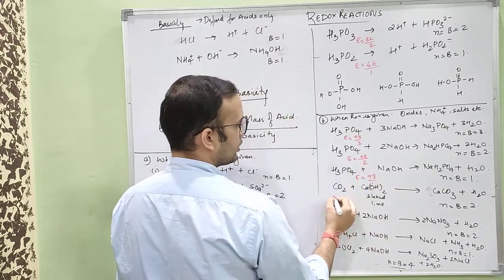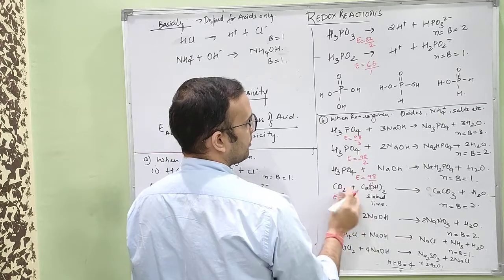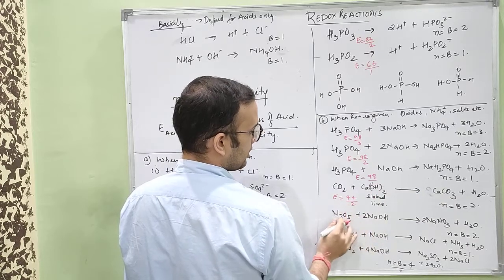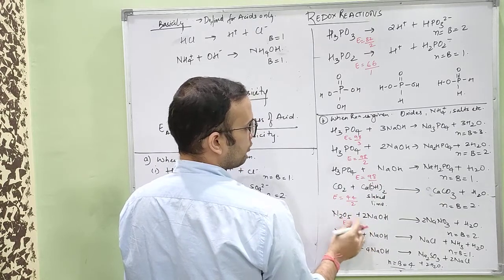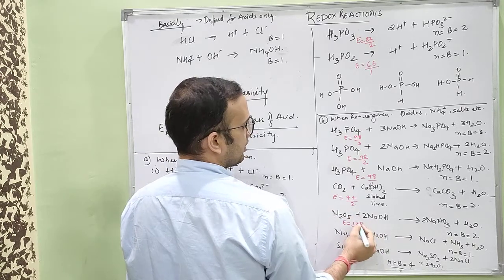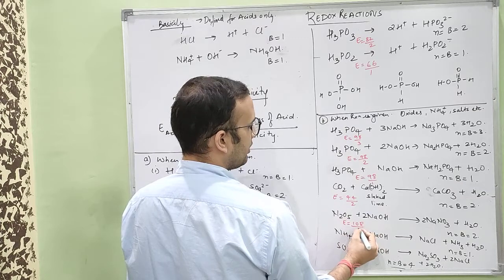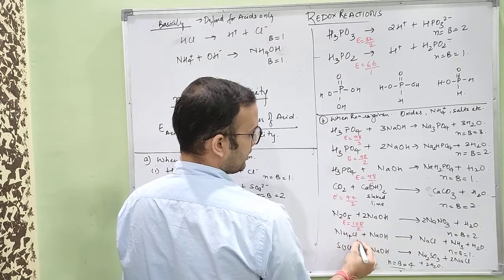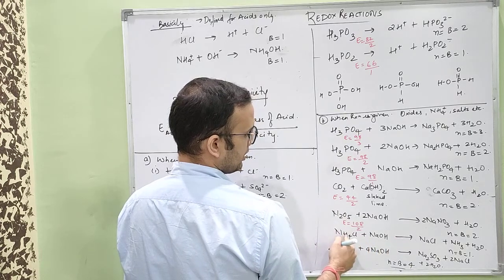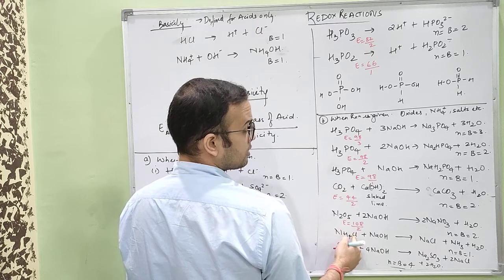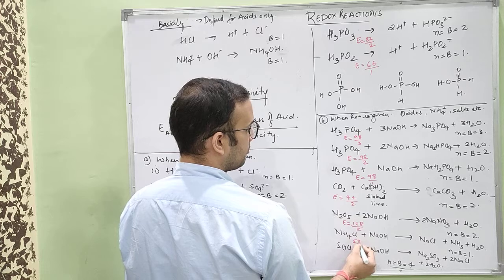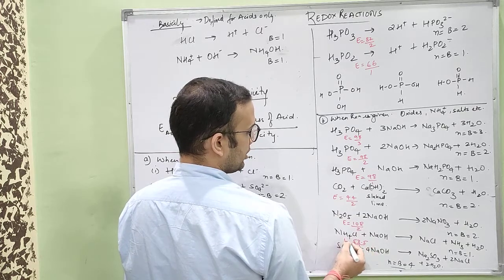Here CO2, E equals 44, which is the molar mass of this, upon 2. Here for N2O5, 28 plus 80 is 108, by 2. Again here this is 1 only, NH4Cl, 18 plus 35.5, 53.5. So 53.5 upon 1, E equals this.